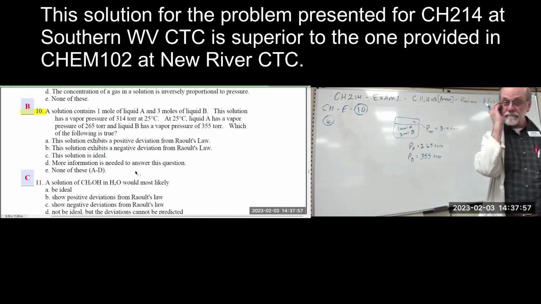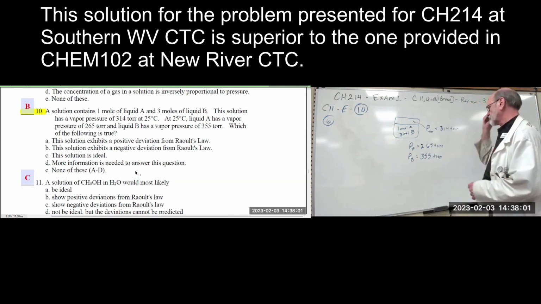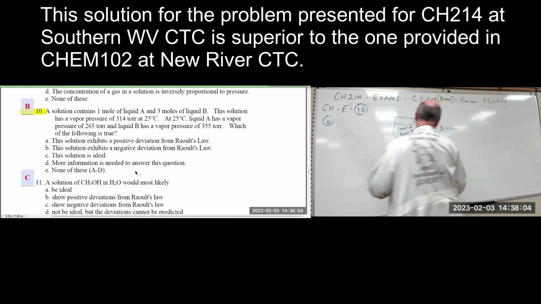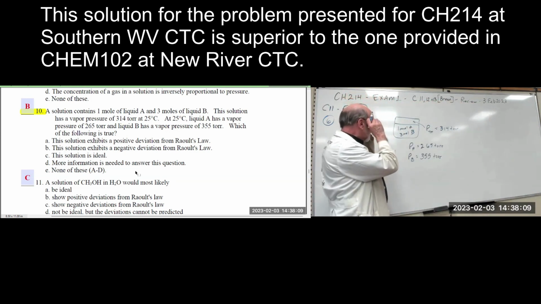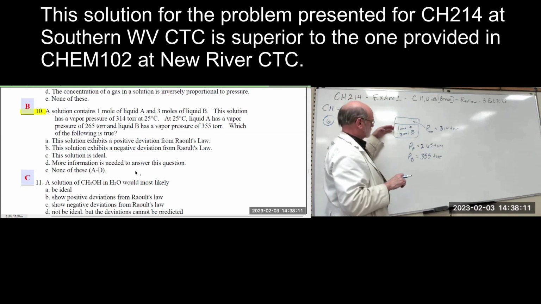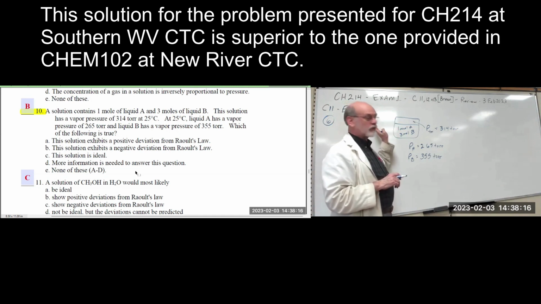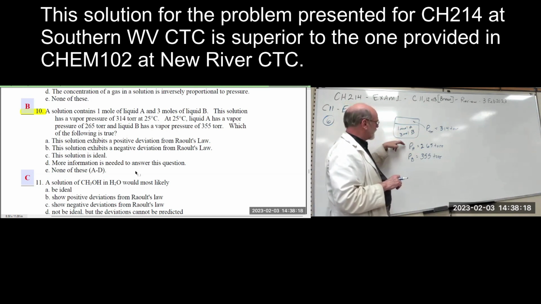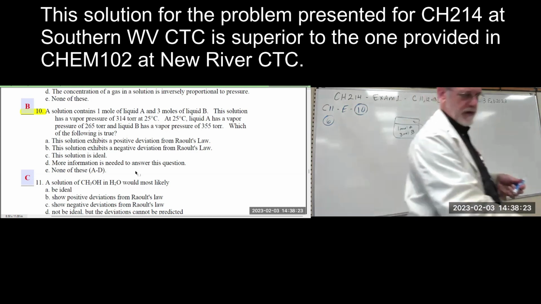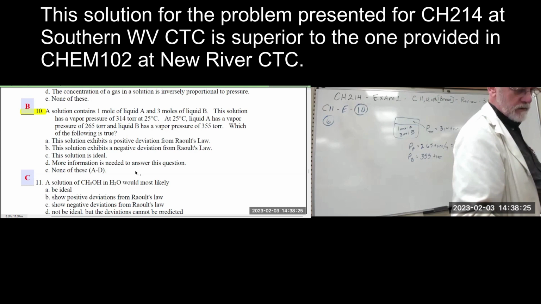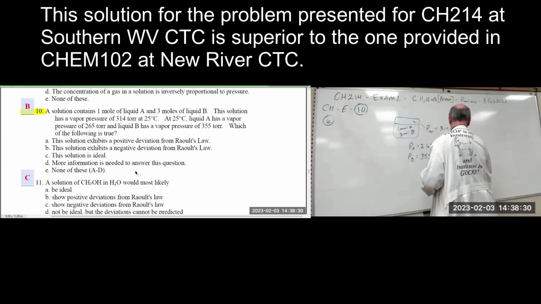Okay. Which of the following is true? Well, what's the contribution of A to the total? It's 1/4, right? Because we've got 4 moles total. 1/4 of them are A. So 1/4 of 265 is 66.25 or 66.